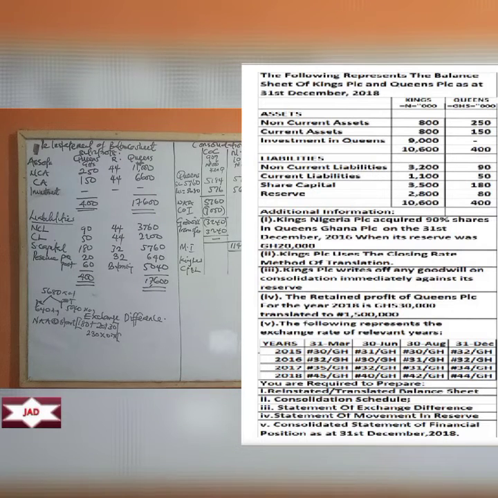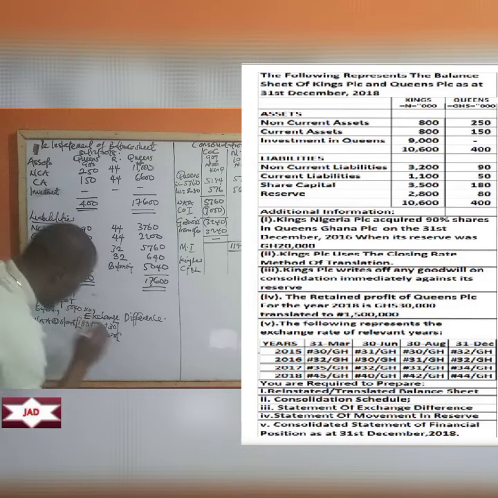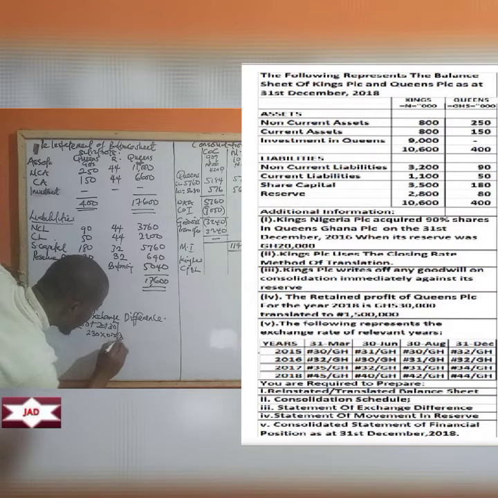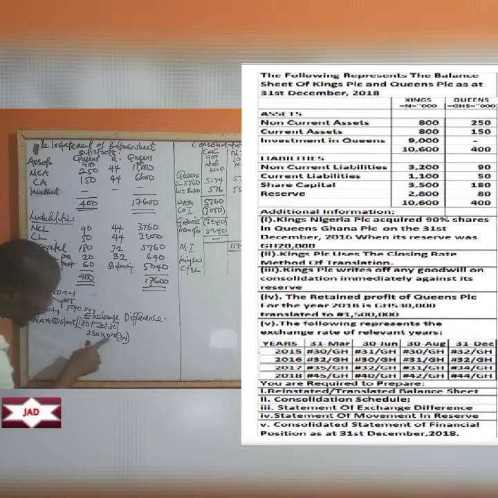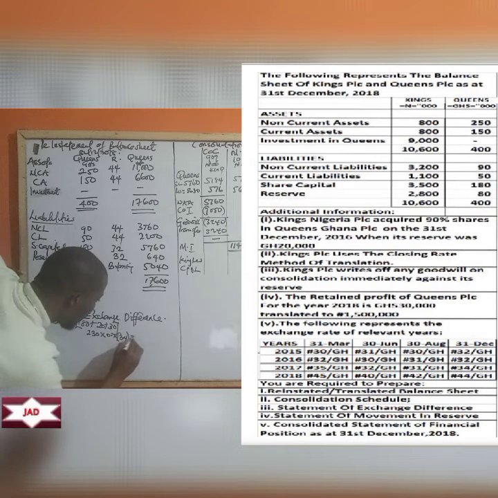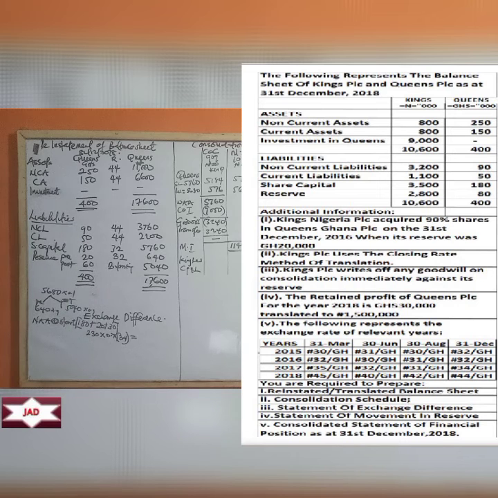So we have December 2017 to be 34. This is the opening rate, just for notes. So 230 times 34 is 7,820.